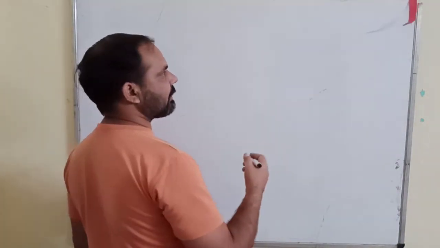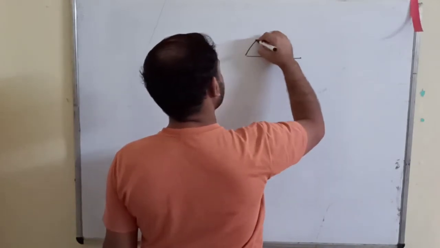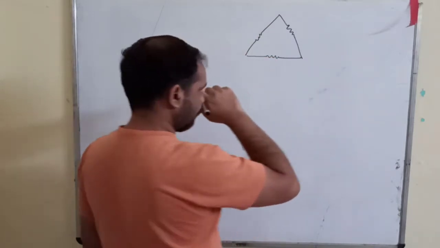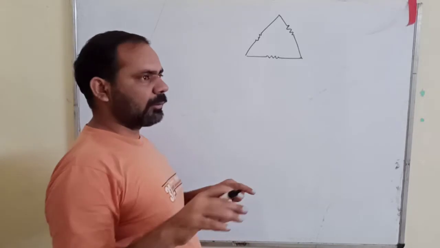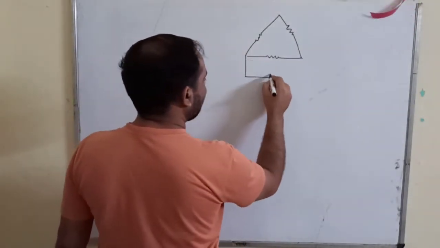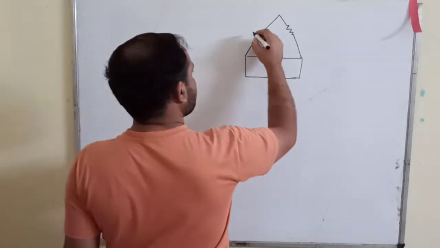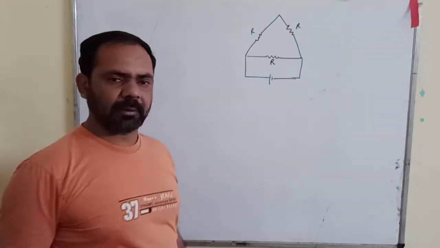Suppose I give you an example. Depending on where my battery is connected, suppose I connect my battery here this way. Suppose this is R, all the resistances are equal.